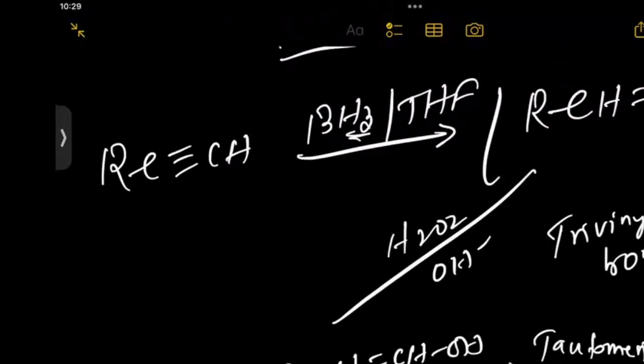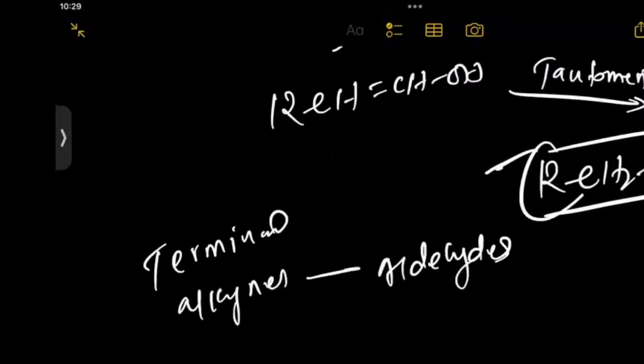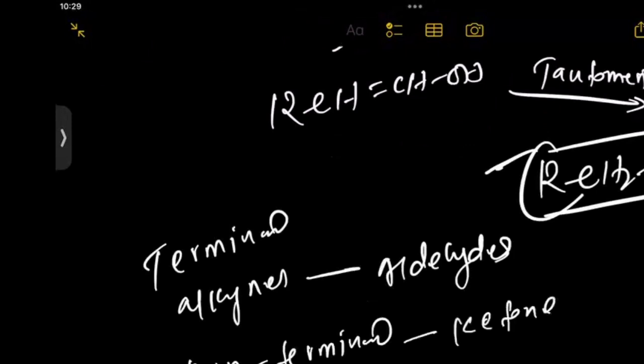Okay, this compound will form. Now what I am telling you is that terminal alkynes will form aldehydes, okay, and non-terminal alkynes form ketones.